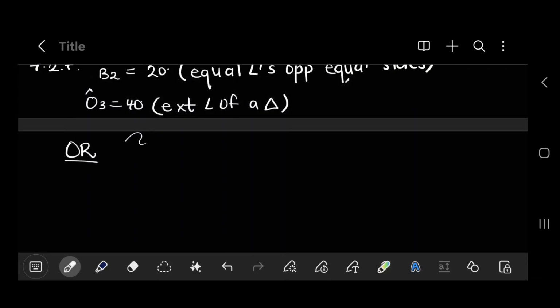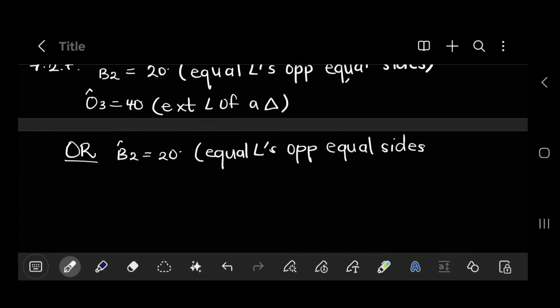You'd still start off by saying angle B2 is 20 degrees and have the same reason as before. Okay, equal angles, opposite equal sides. But to show what angle O3 is, when you mention 40 degrees, you would say angle at center. So remember, angle at center is 2 times angle at circumference.